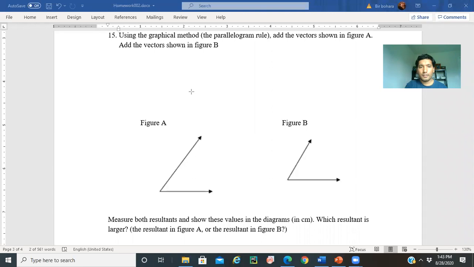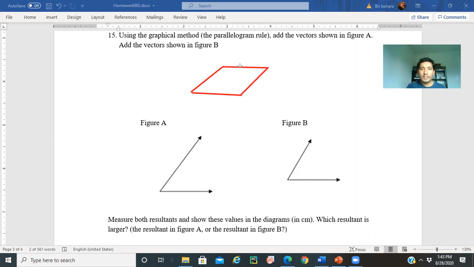If you have a geometric structure like this, where two opposite lines are equal and parallel to each other, that is the parallelogram.